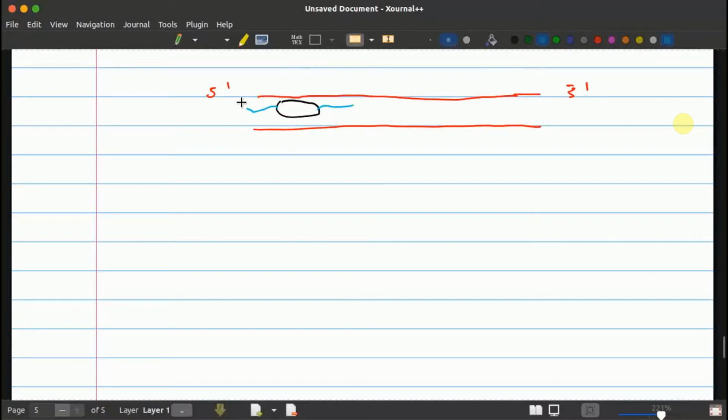Actually, I should have put it from the other end. Correct, and it's going in this direction. RNA is being made from 5 prime to 3 prime. Yeah, now it's correct. So the top strand is the template on the basis of which this RNA is being made. So it is called the template strand.